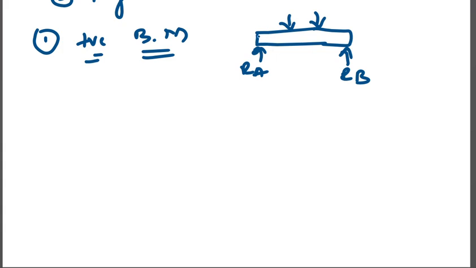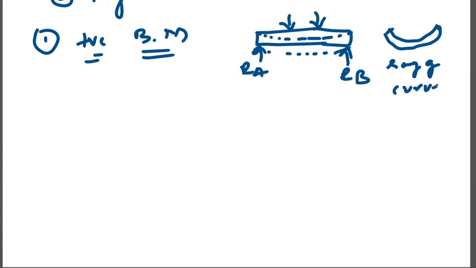Due to the load there will be a downward deflection in the beam, that is, a concave curve in the upward direction. This type of deflection is called a sag curve, and it gives positive bending moment.